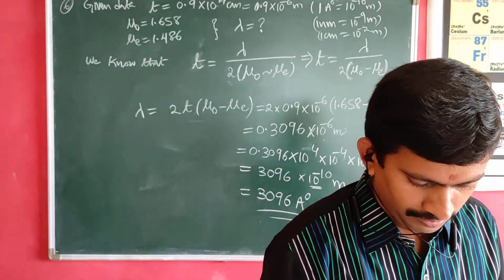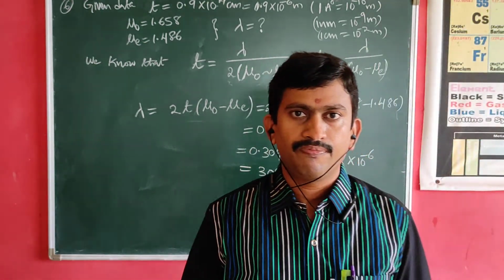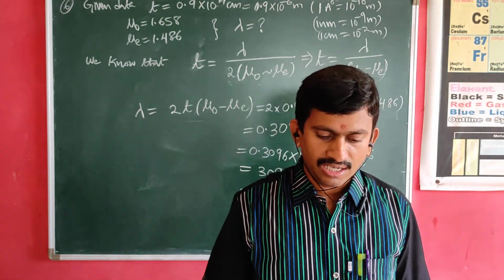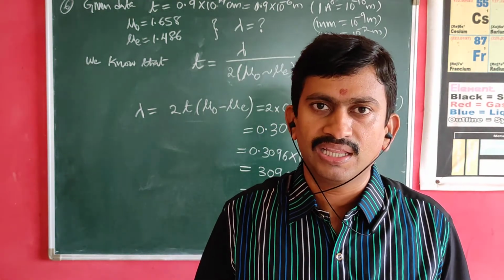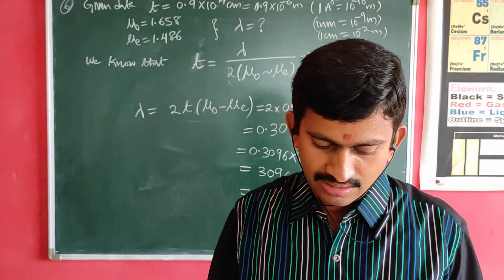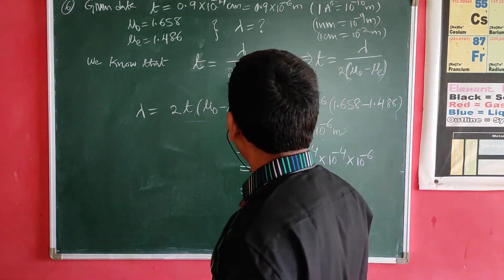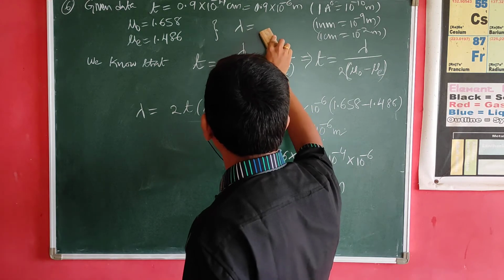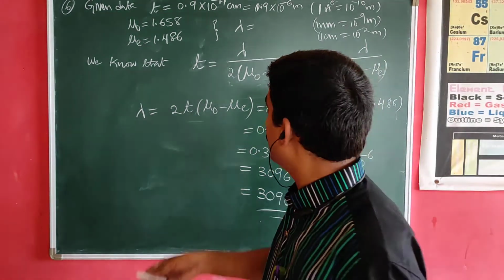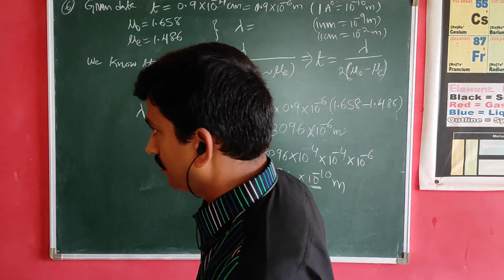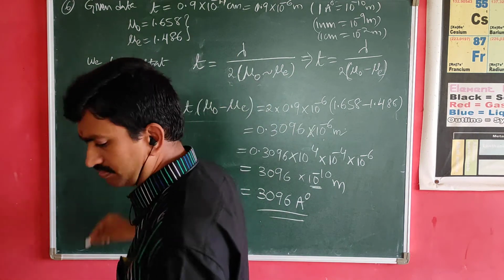Now, sixth problem. All of you note down the sixth problem. Find the thickness of the half wave plate when the wavelength of light is equal to 5890 angstrom.